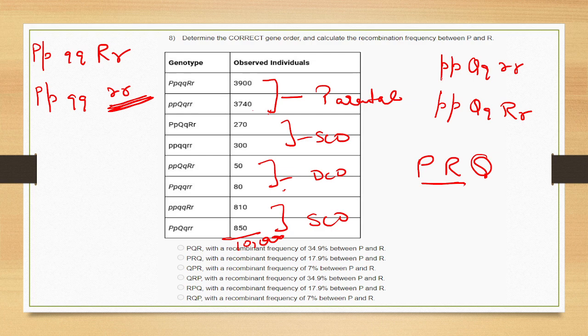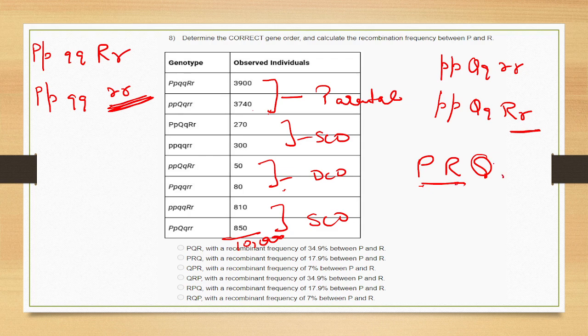Similarly, when I compared my parental class with the double crossover class, I observed that the recombination has occurred again in the R gene. So whichever gene shows the crossover, that gene is present in the middle because it is a 3 point test cross. So from here we can say that the gene order is PRQ.